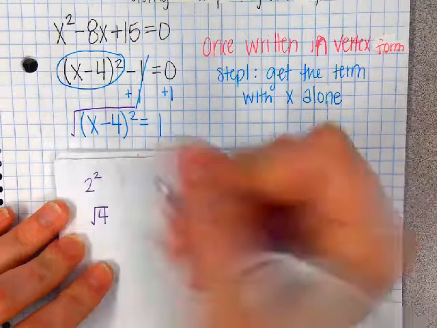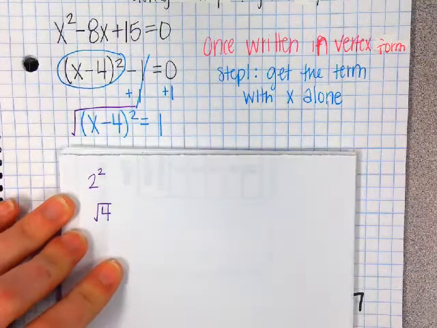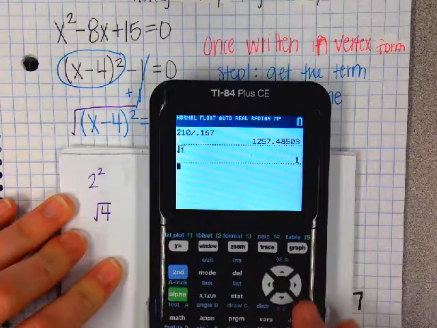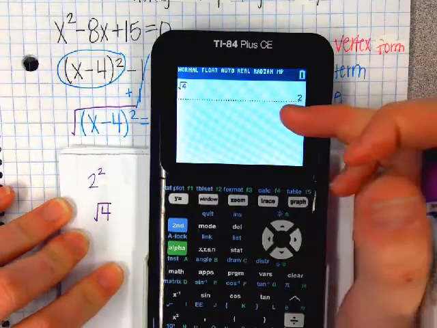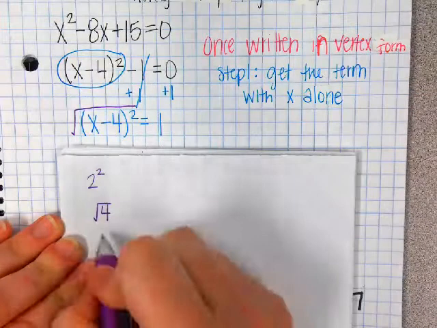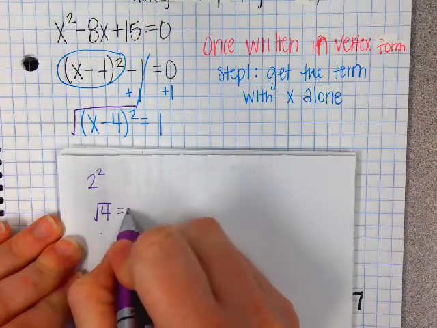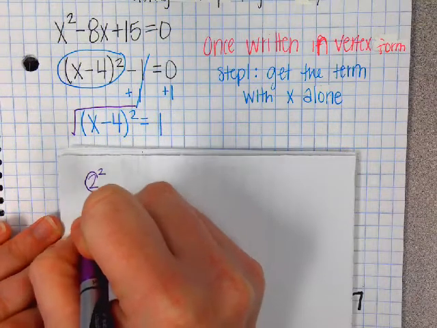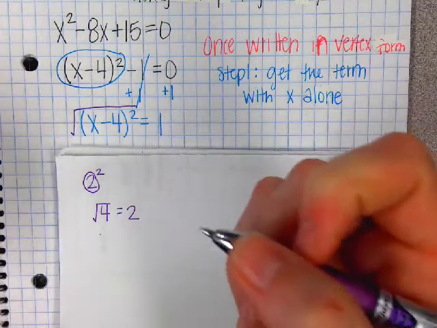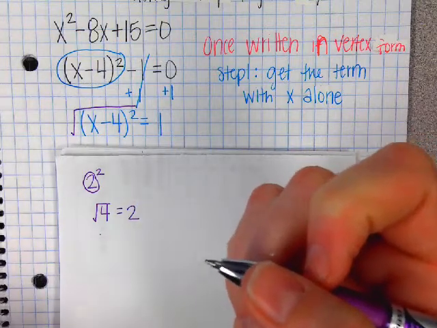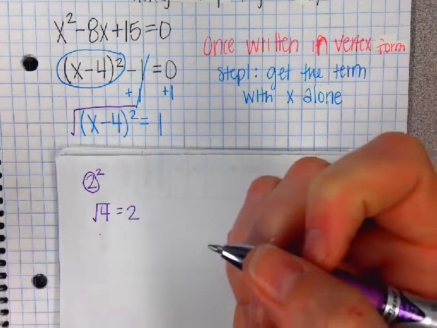Now, if I take the square root of 4 on your calculator, what is the square root of 4? 2. Isn't that just this number right here? Because if you're squaring something, that means take the number and multiply it by itself.